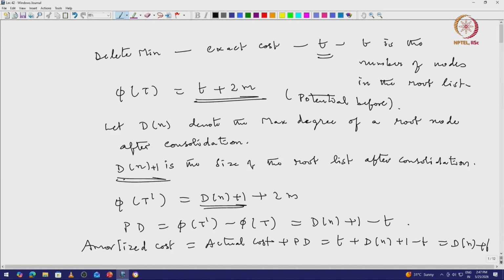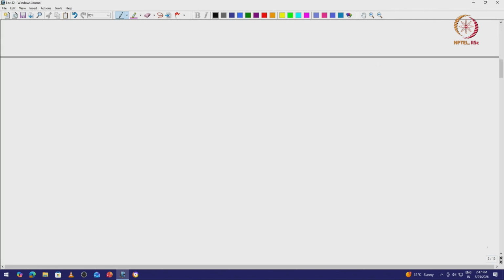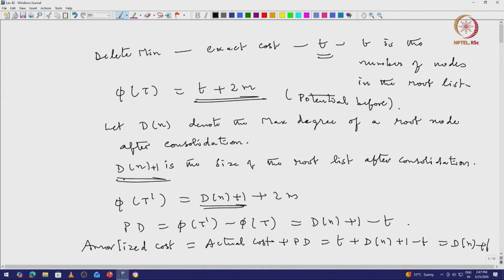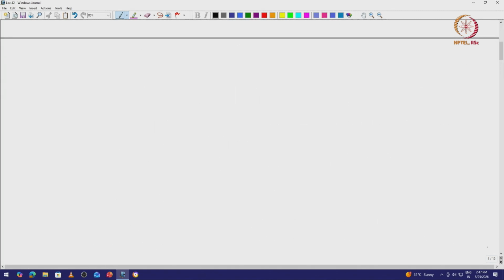So, if we know what dn is, then we will know the amortized cost of delete min operation. And this is where the Fibonacci numbers come into picture, the name Fibonacci heap and everything. So far we haven't even mentioned why this structure is called the Fibonacci heap.